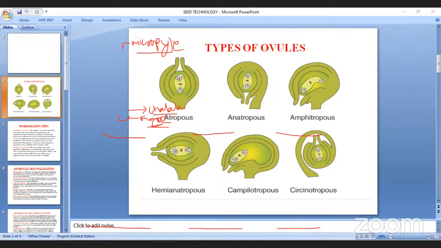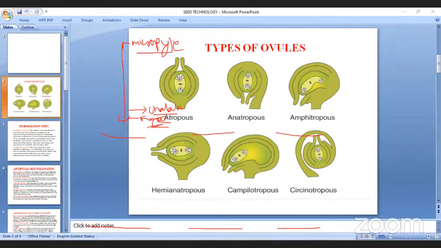First, the orthotropous, which is the most primitive type of ovule. In this, the arrangement of micropyle, chalaza, and funicle are in a straight line.